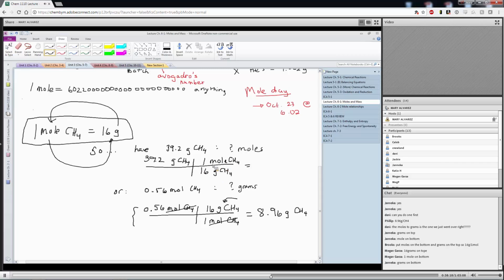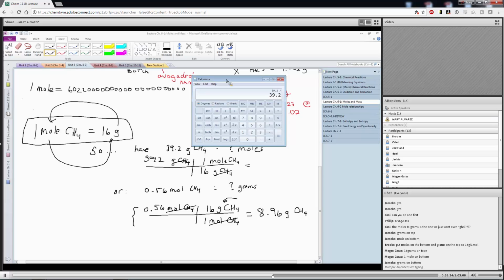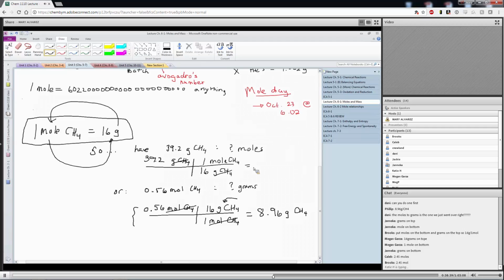I'm not changing the amount of CH4 I have, I'm just changing the units it's expressed in, because I converted from units of grams to units of moles. So how many moles is that? Somebody else should do it too, just to make sure that I'm doing it right, because I'm not perfect. You guys got that too? Excellent.